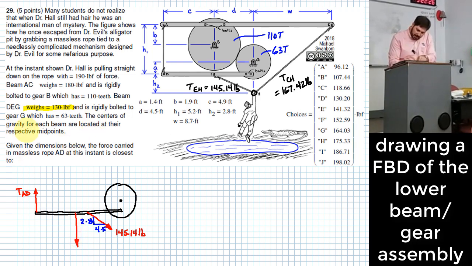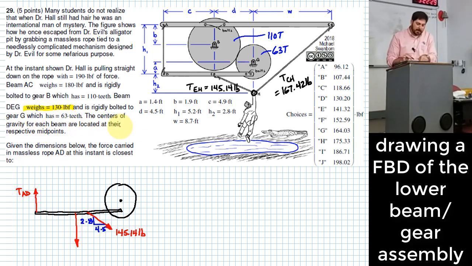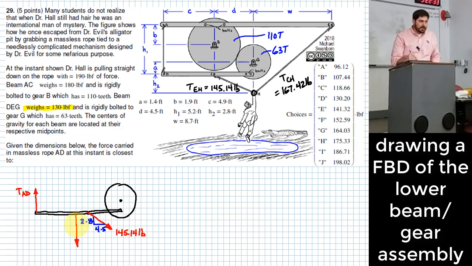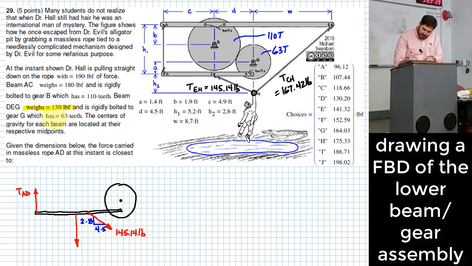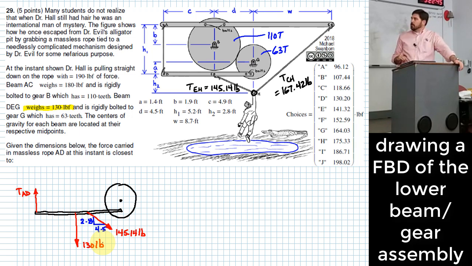Yeah, the centers of gravity for each beam are located at their respective midpoints. So that allows me to know where exactly that force is acting along beam DEG. So I'm going to go ahead and say that's 130 pounds that acts right there. What other forces act on this body?